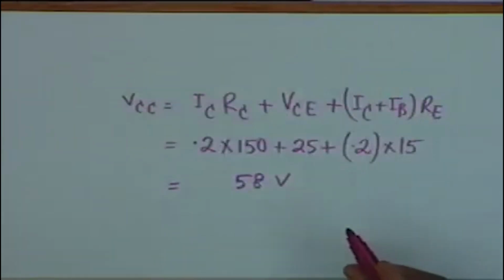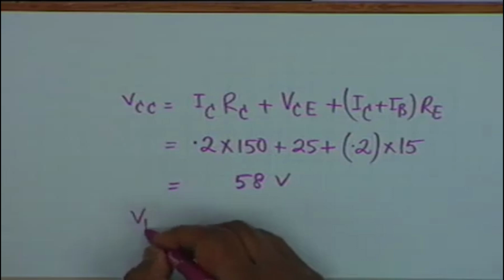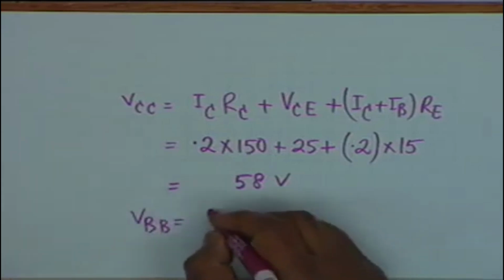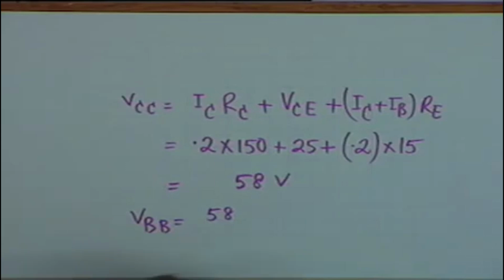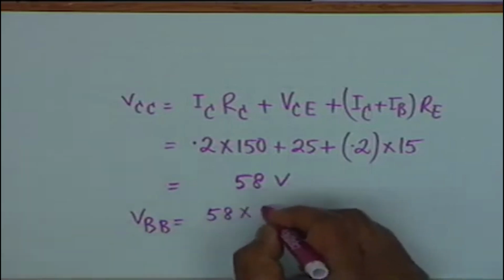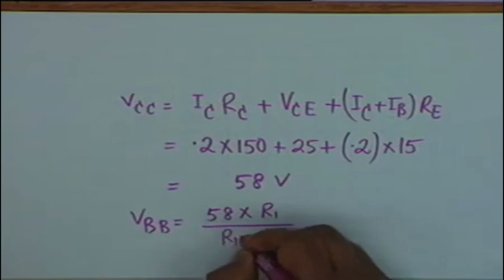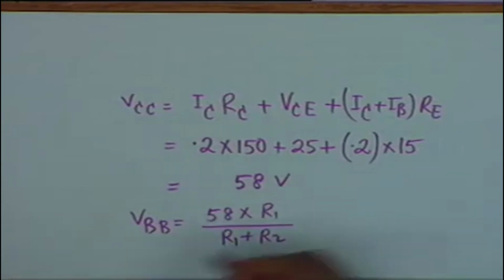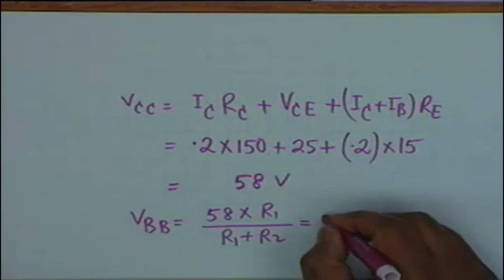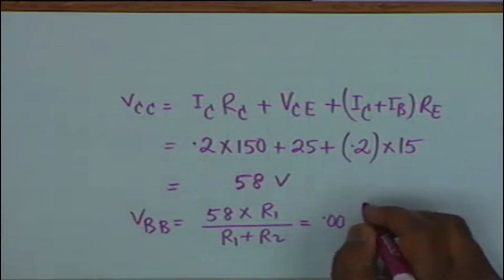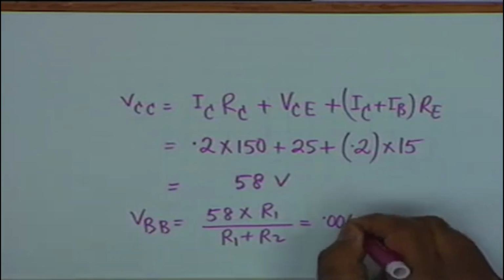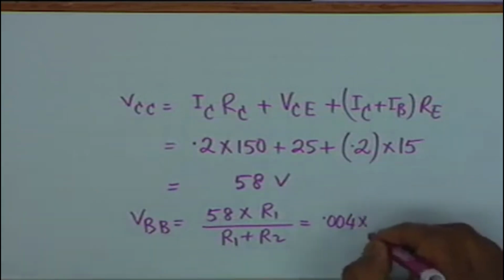So you know VCC. Now, therefore, VBB is equal to VCC, 58, multiplied by R1 divided by R1 plus R2. You can also calculate VBB from the base circuit, that is equal to IB times RB plus VBE plus VE. What is IB? 4 milliampere, 0.004, multiplied by RB.